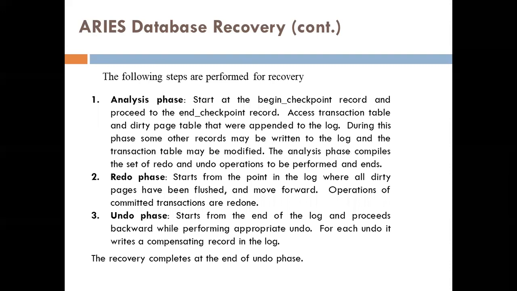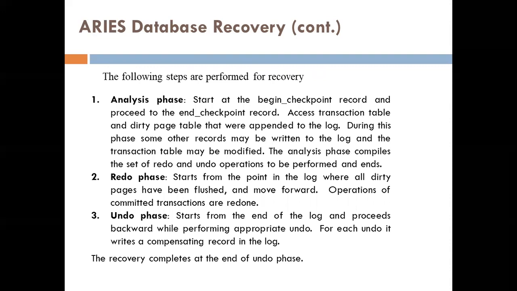The steps performed during the recovery phase by this ARIES protocol begin with the analysis phase. In this phase, it will start at the begin checkpoint record and proceed till the end checkpoint record. It accesses the transaction table and the dirty page table that it has maintained. During this phase, some other records may be written to the log and the transaction table may be modified.